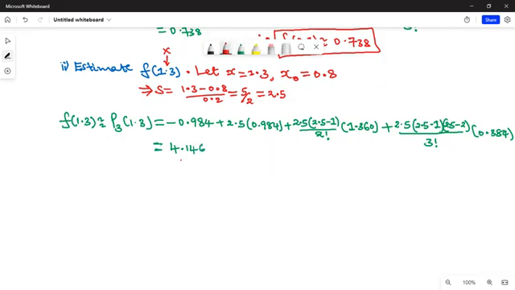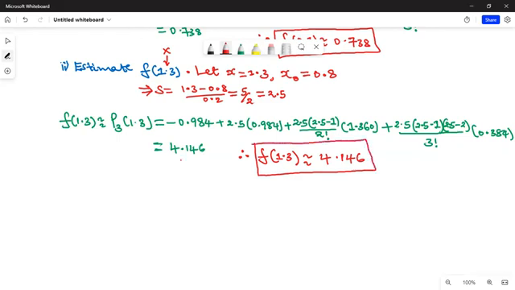So you can just say that therefore f of 1.3 is approximately equal to 4.146. So we have estimated that value.